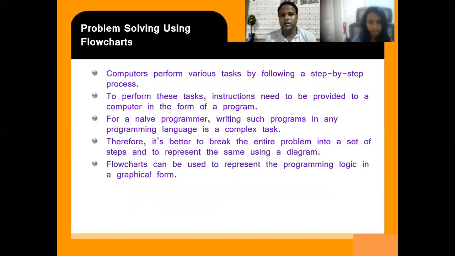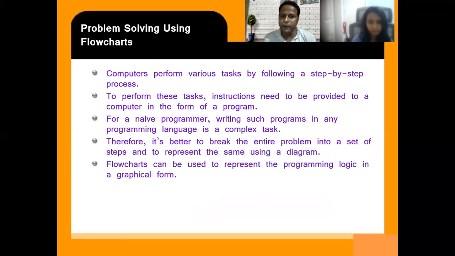So now we move to problem solving using flowchart. The computer performs various tasks by following a step-by-step process. To perform these tasks, instructions need to be provided to a computer in the form of a program.